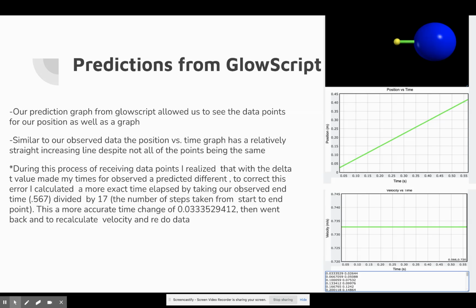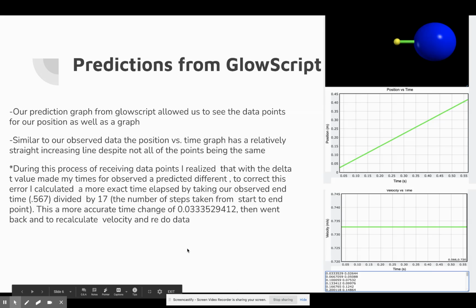To fix this, I took the end time of 0.567 and divided by 17, because from t equals 0 to t equals 0.567, there's 17 steps from that starting point to the ending.